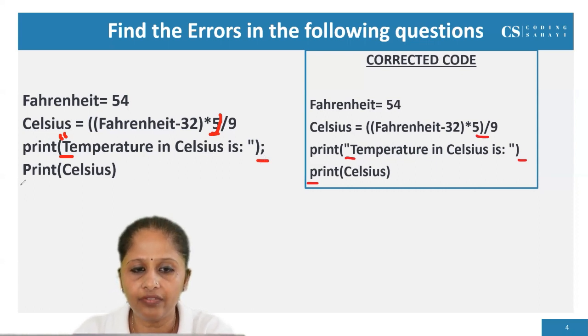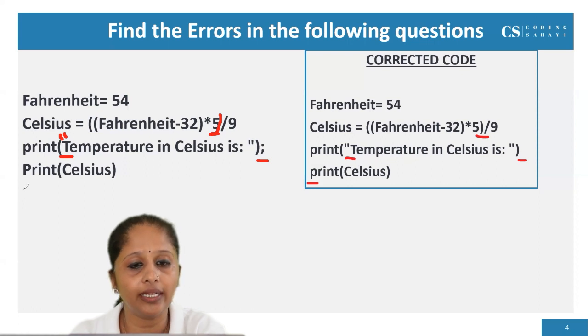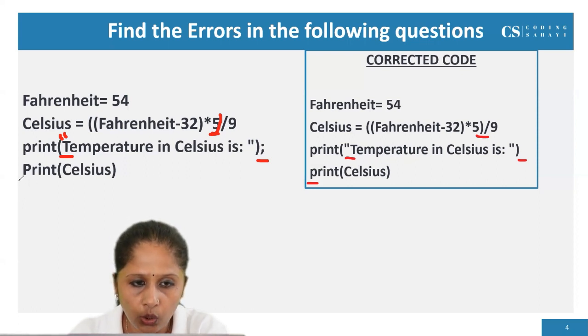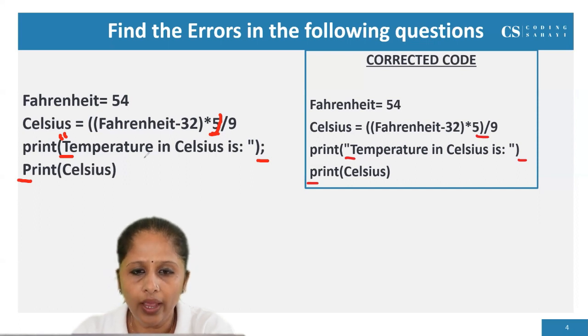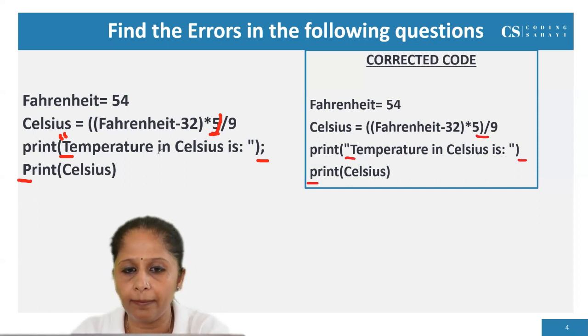Then after that we have print Celsius. So print Celsius, here you can see P is in capital letter. So that is the error here. So it must be written in small letter. You may be thinking why these two statements, temperature in Celsius is and Celsius, both are written in different prints, whether it is an error.